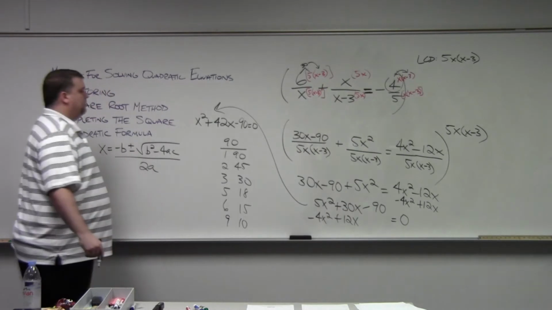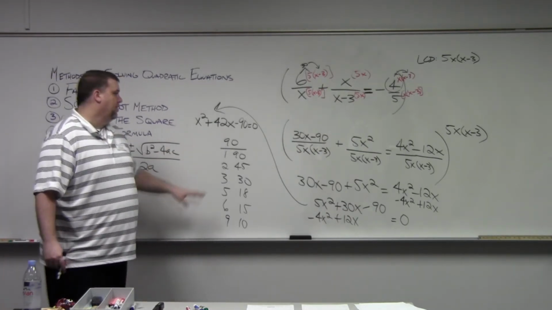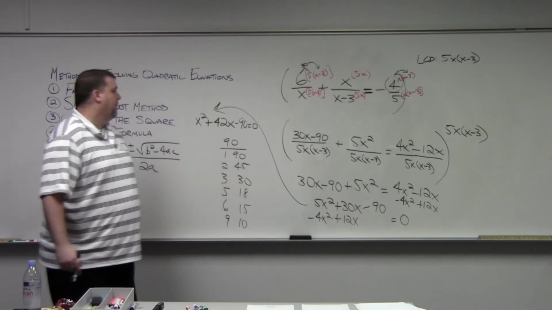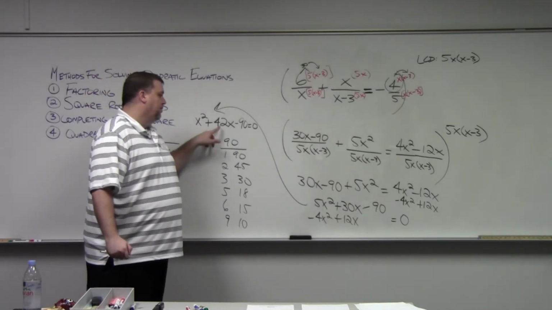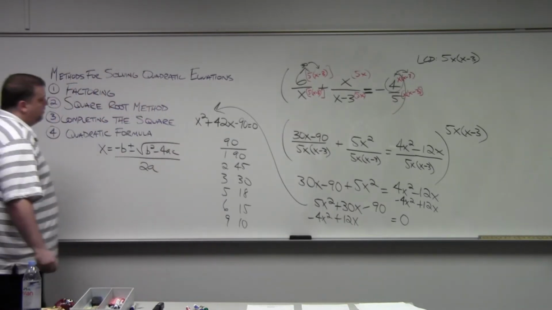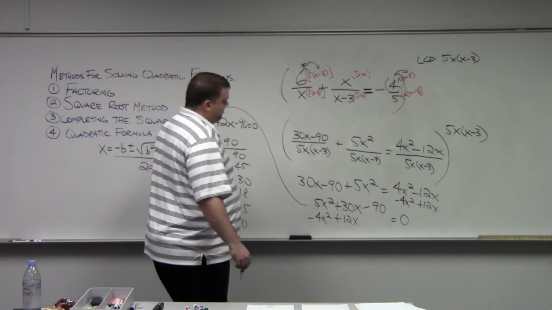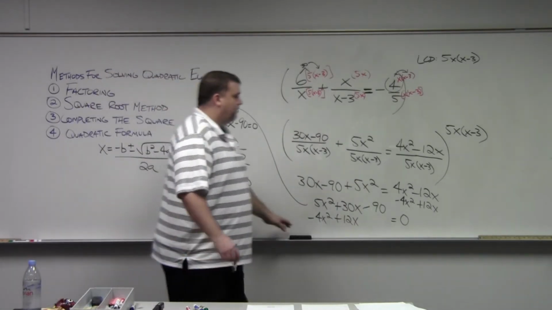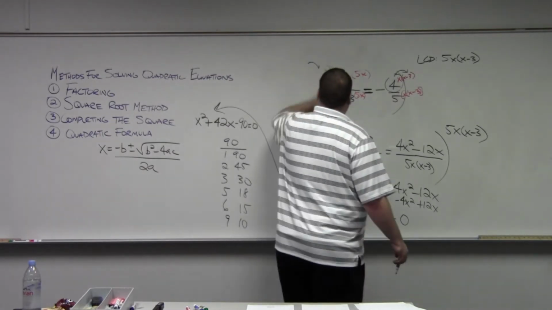Are any of those, ordering the signs, going to give us a positive 42? Because in order to get a negative 90, they'd have to be different signs, which means the difference would have to be 42. We get close here. The difference here would be 43. But it needs to be 42. So since it's not factorable, where do we have to go? Quadratic formula. I've run out of space, so I'm going to erase some of our prior steps.